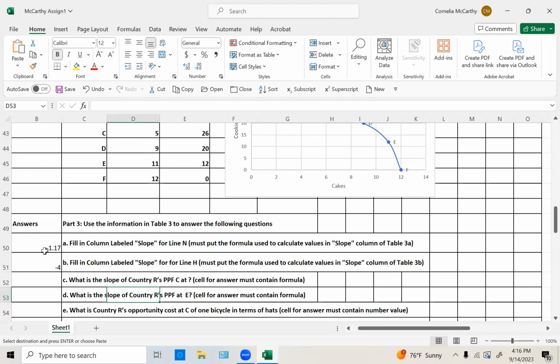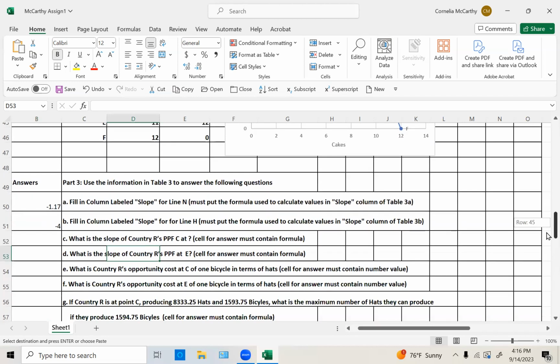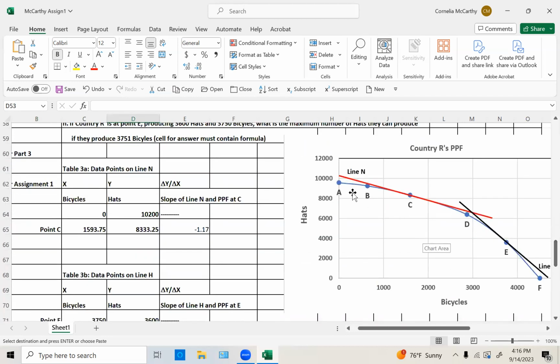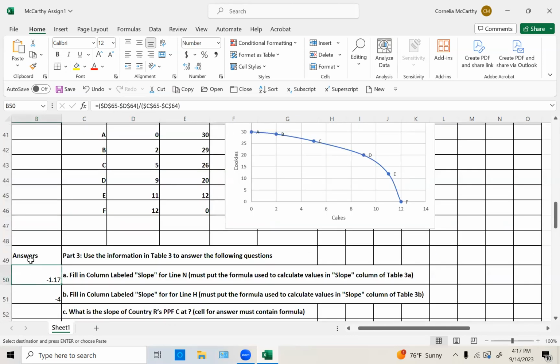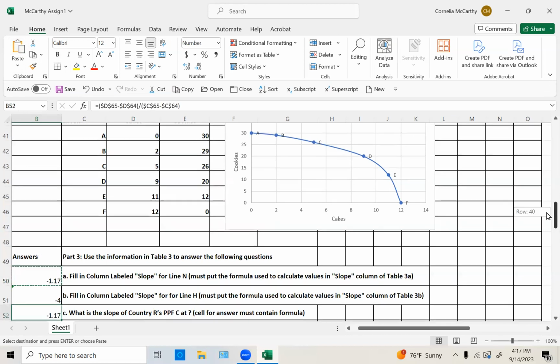These are the values. And the whole point of question C and D is to remind you that not only is this calculation that we did the slope of line N, since line N is tangent to the production possibility frontier at C, we have an approximation of the slope of the PPF at C by using the slope of the line N. So in fact, I can highlight that, copy it, and move it down to C. And because we have those $ signs in it, the formula is not going to change.